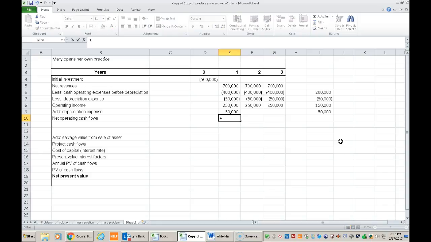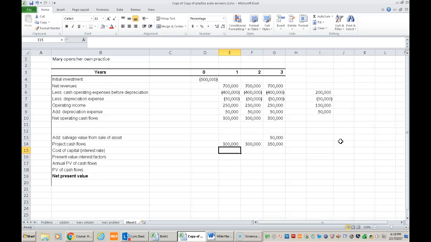So her net operating cash flow for year 1 is $300,000, and for year 2 is $300,000. In year 3, we add back the $50,000 depreciation as well, but also remember that she is going to sell the equipment for $50,000, so she's going to receive another $50,000. Her projected cash flow in year 3 is $350,000, in year 2 is $300,000, and in year 1 is $300,000.